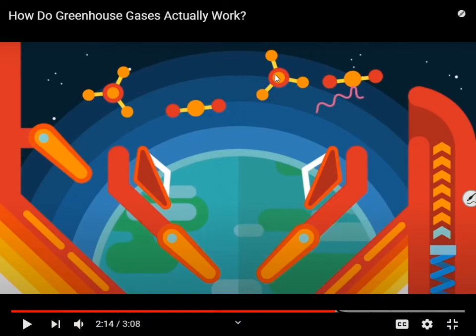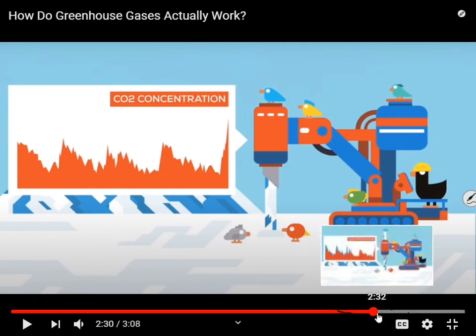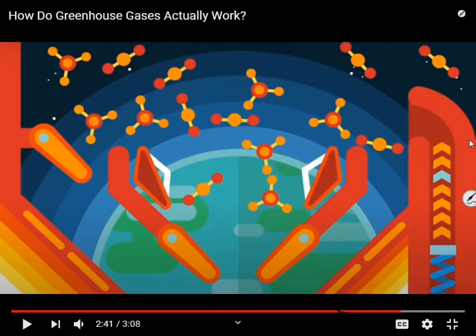There's more obstacles that the heat rays may encounter upon exiting, like you see in this video here. There's more gas molecules, more obstacles for the heat waves to run into as they're exiting, and as a result that is trapping more heat here on Earth.